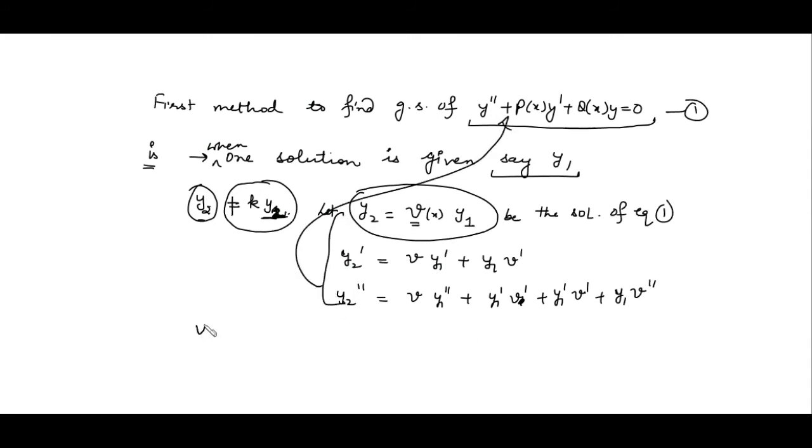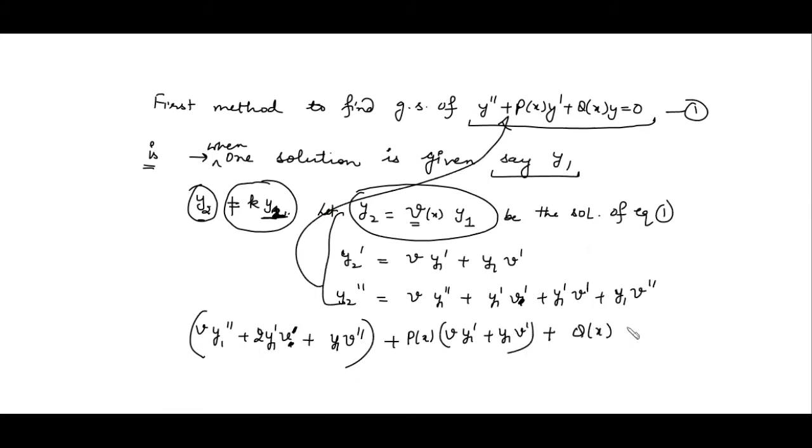We will have v y1 double prime plus 2 times y1 prime v prime plus y1 as it is v double prime, this is the value of y2 double prime, plus p(x) y2 prime. y2 prime is v y1 prime plus y1 v prime, plus q(x) y, which is v times y1, equals 0.